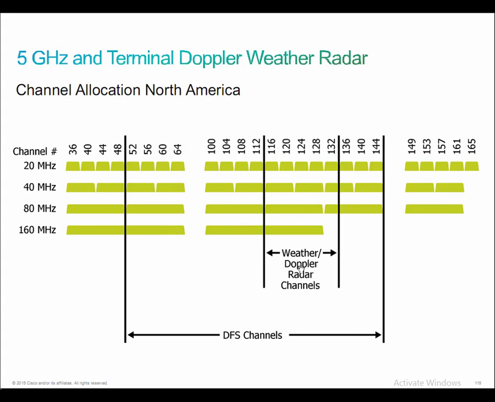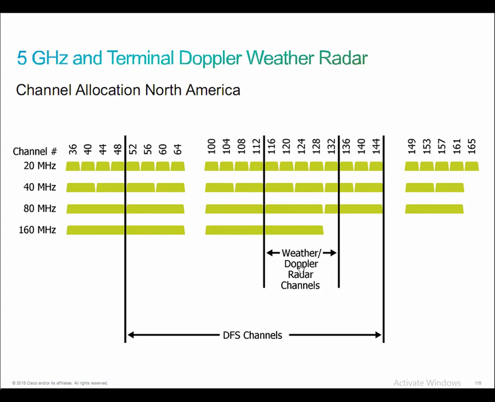There is another consideration to take into account when you're dealing in the 5 gigahertz spectrum. We see certain channels, specifically in the UNII-2 and UNII-2 extended range in North America, for DFS and TPC.